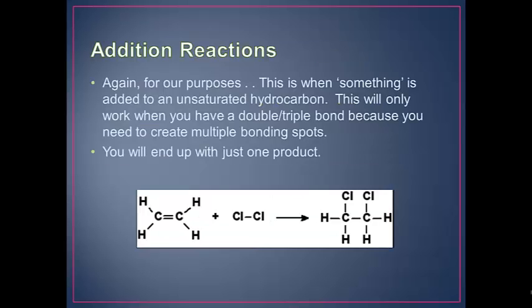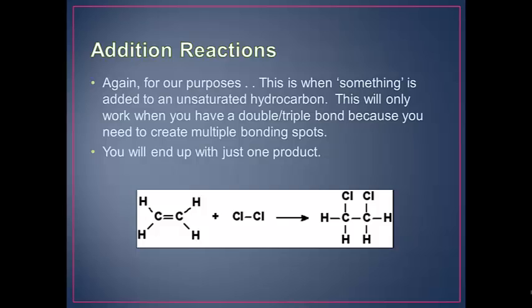Addition reactions, this takes place with unsaturated hydrocarbons. You're going to take that double or triple bond that's there and you're going to split it and go down from a triple to a double or a triple to a single or a double to a single. And you're going to add things onto that original molecule. So for example, you can add the two chlorines there by taking that double bond and opening up a new bonding space.